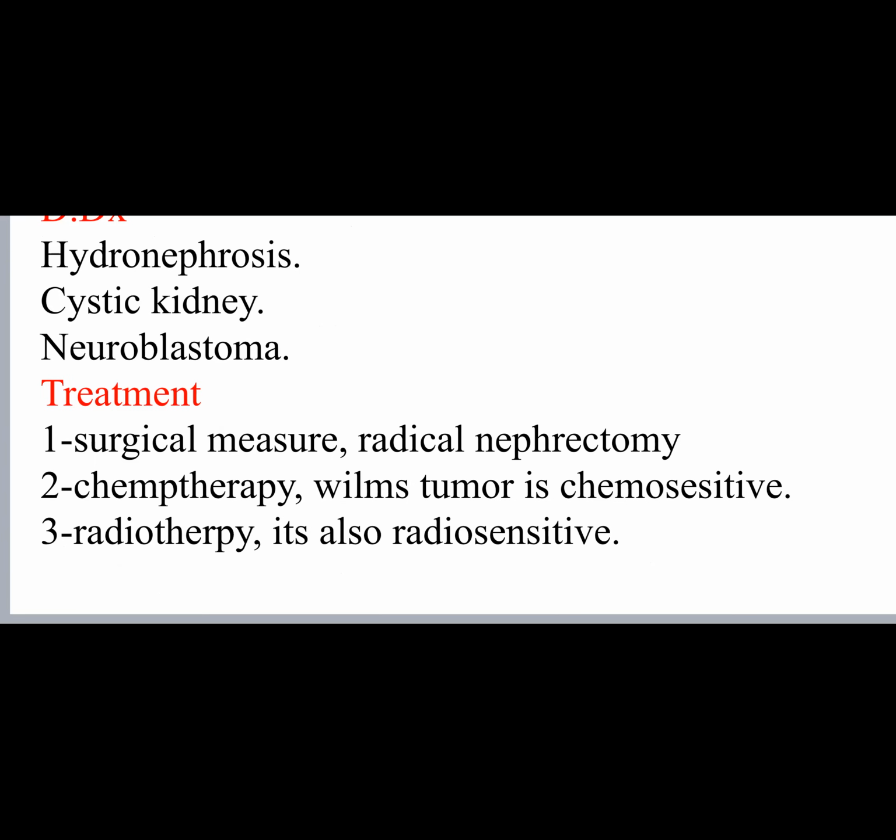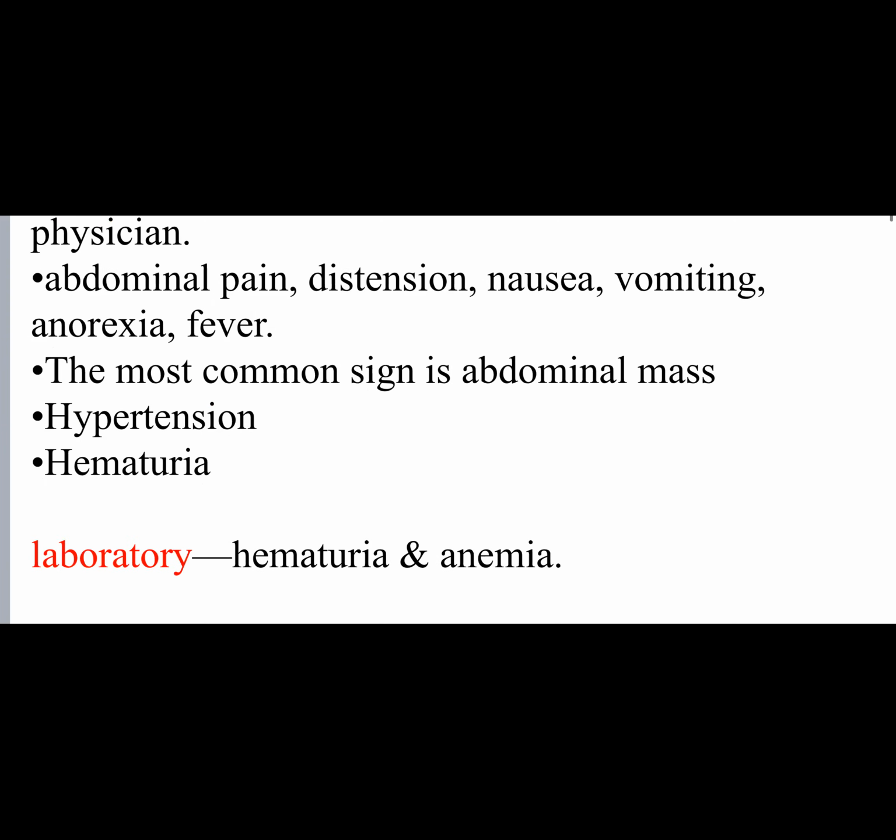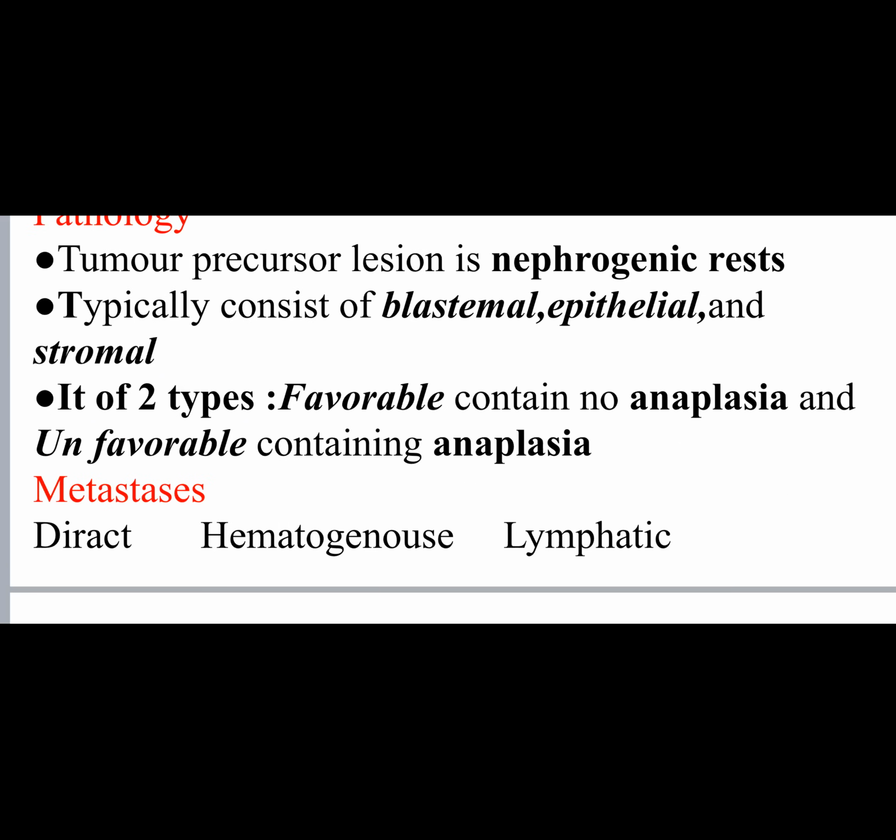Very important is to see the 2 types. If it is a favorable tumor, we can do nephrectomy directly. If it is an unfavorable tumor, we give chemotherapy plus or minus radiotherapy, and then do nephrectomy.